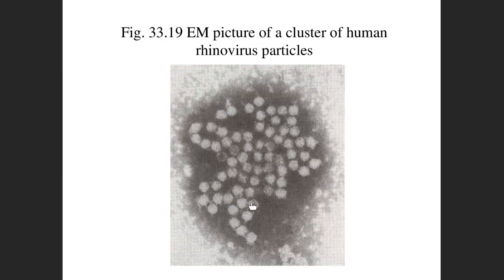And so each strain of rhinovirus is the same. They reproduce the same and have the same proteins on the surface. So altogether, supposedly, there are 139 cold viruses.